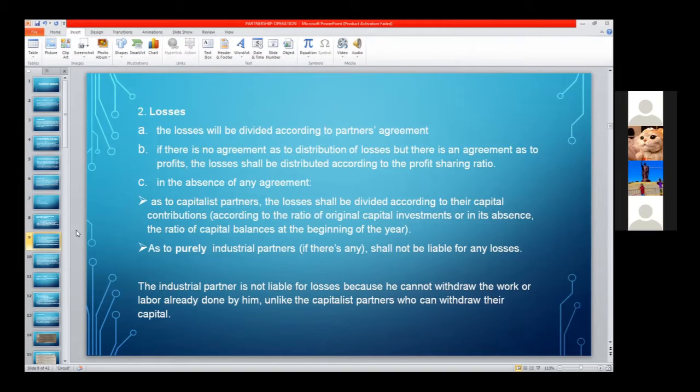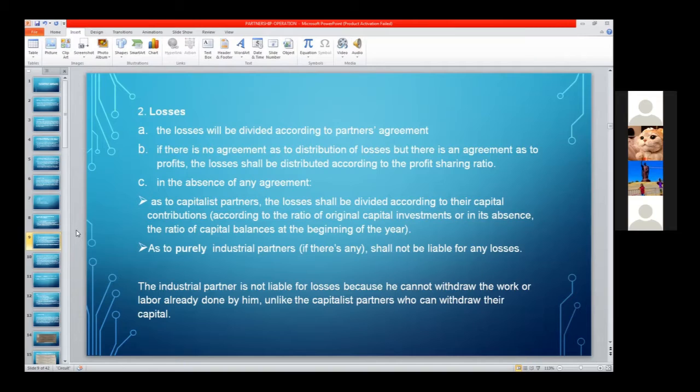And what if naman kung wala talagang napag-usapan na hatian sa profit at losses? Doon napapasok yung capital contribution. Losses will be divided according to the ratio of original capital investment, or in its absence, the ratio of capital balances at the beginning of the year.